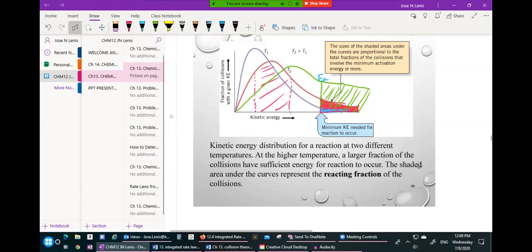providing also they collide with the right position, the right orientation.